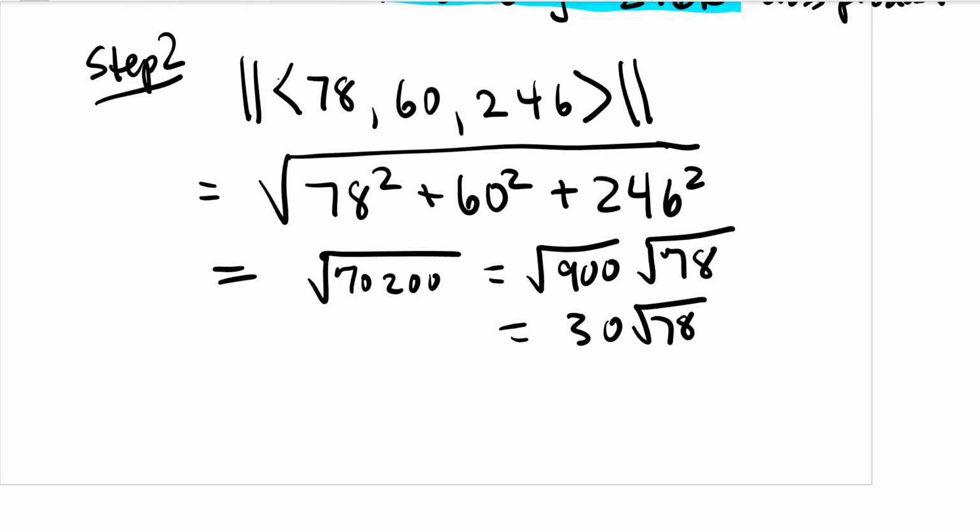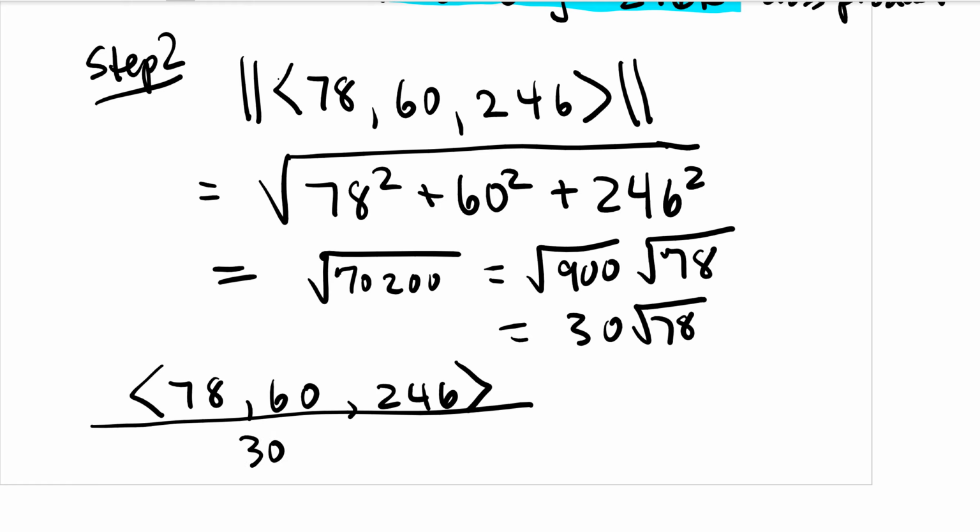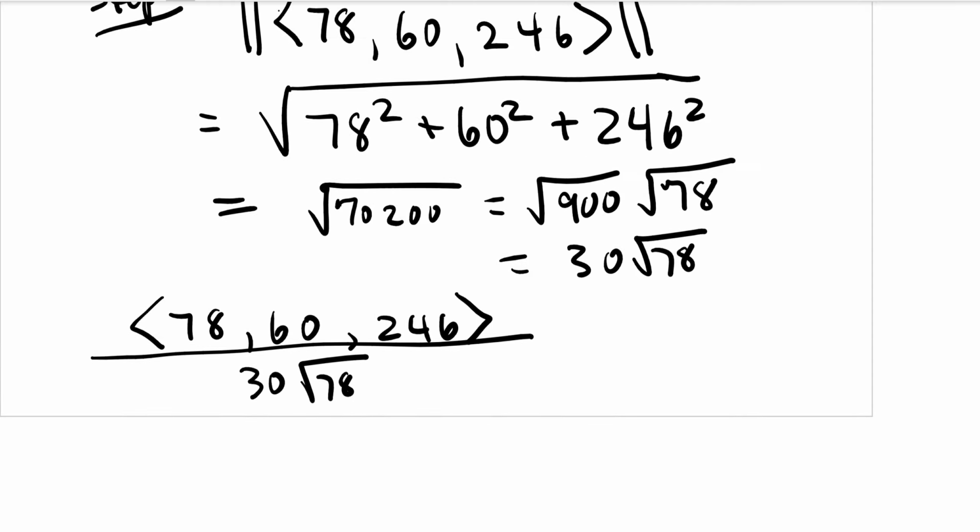And then to normalize a vector means to take the vector 78, 60, 246, and divide the vector by the number 30 radical 78, its magnitude.